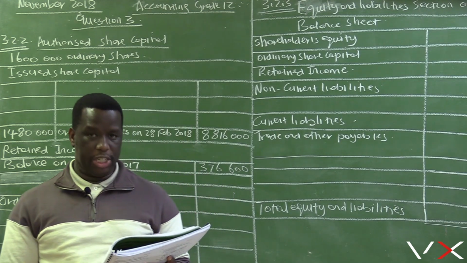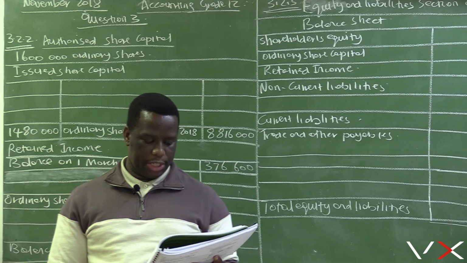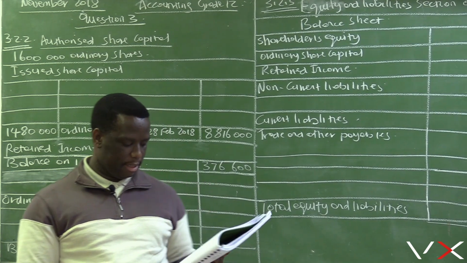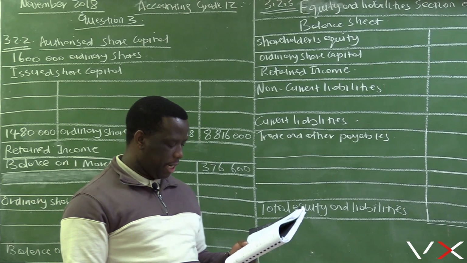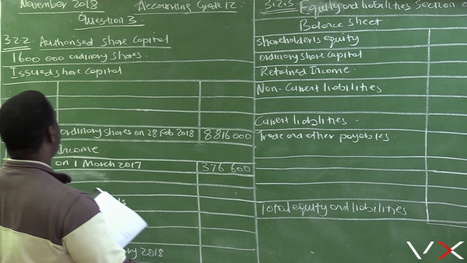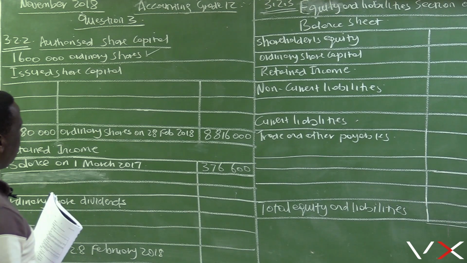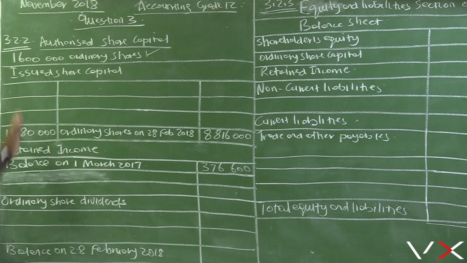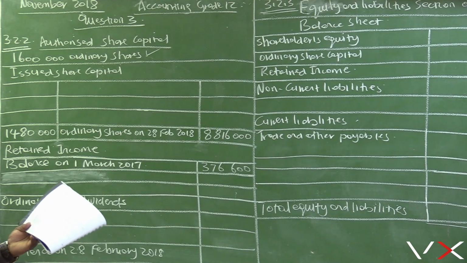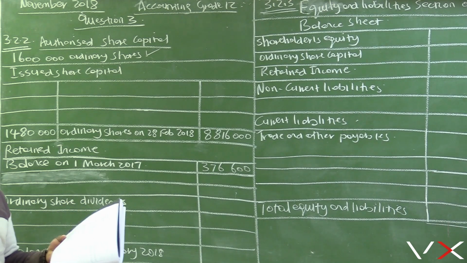That is information G. It says share capital and dividends. Authorized share capital is 1,600,000 shares. This was already entered in your answer sheet. This is how your answer sheet looks. So the 1,600,000 ordinary shares that is authorized has already been entered, and for us, we need to do the issued share capital.